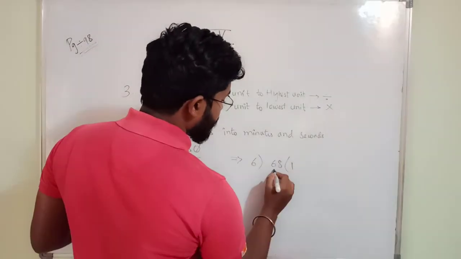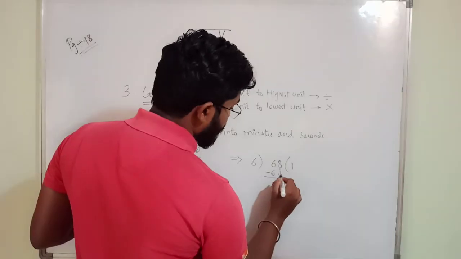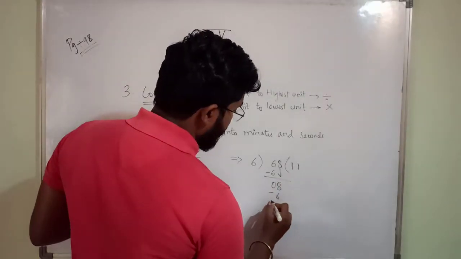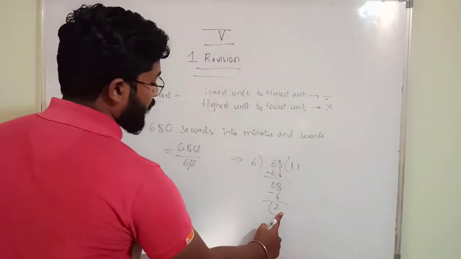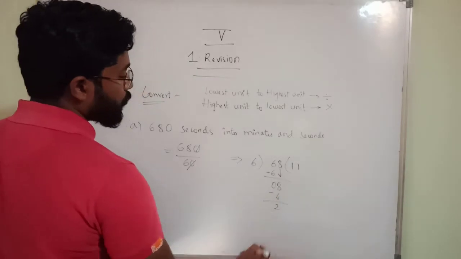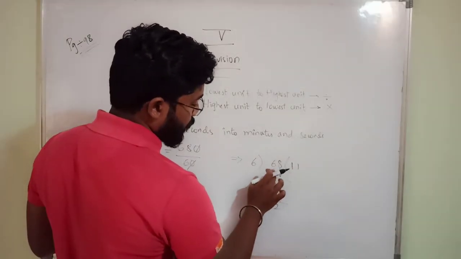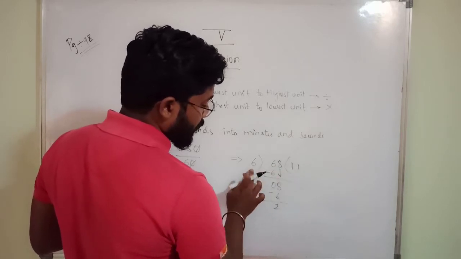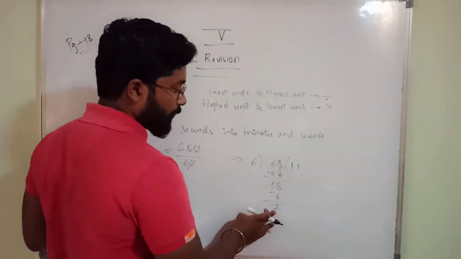6 1s are 6. 6 minus 6, 0. Here you will get 8 down. 6 1s are 6 again. You will get remainder 2. 8 minus 6, 2, no? Once again 6 1s are 6, 6 minus 6, 0. Bring down 8. In the 6 table where you will get 8, you will not get. So 6 1s are 6 again. You will get 2.